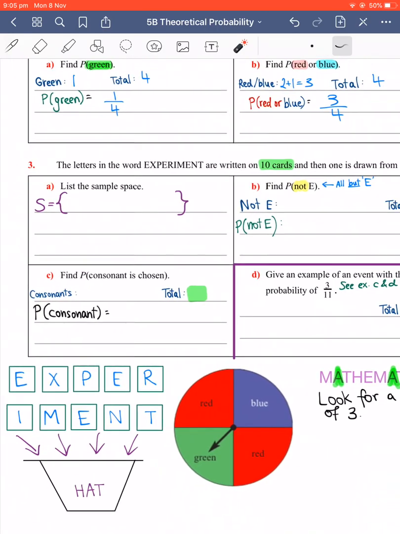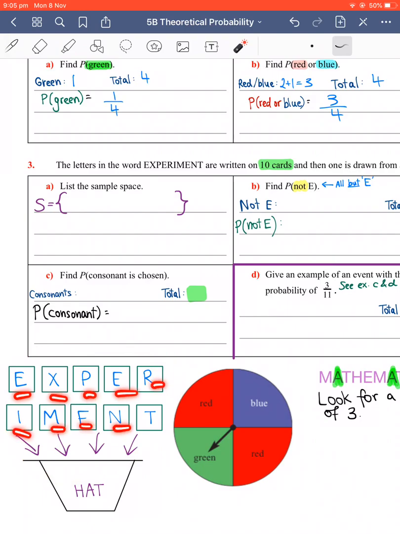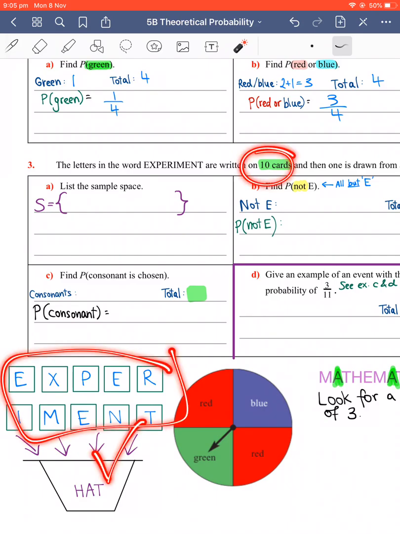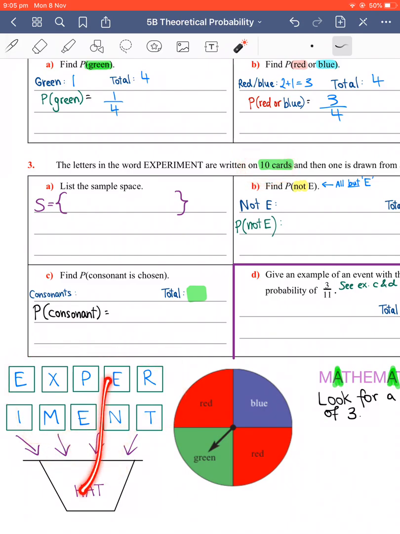Next one, we have some letters. We have the word experiment with its letters. So E, X, P, E, R, I, M, E, N, T. So with these, we have 10 cards in total. They're thrown into a hat, and we take out one at a time. Okay, so first thing I need to know is my sample space.